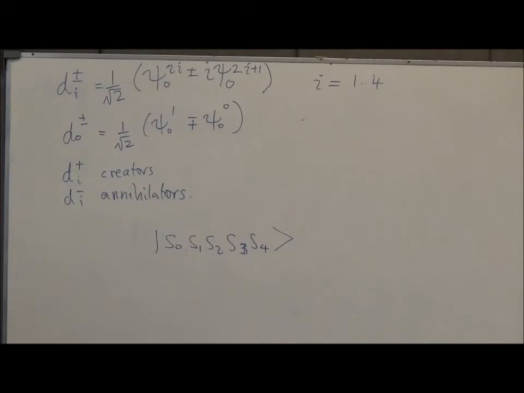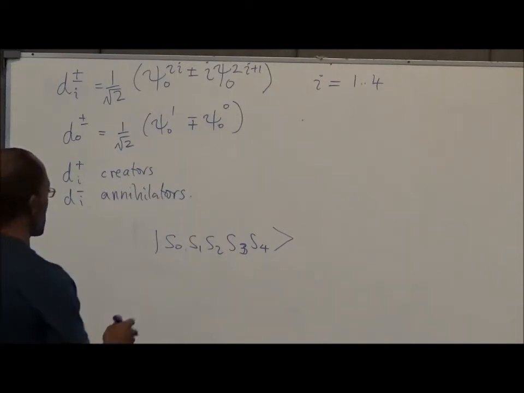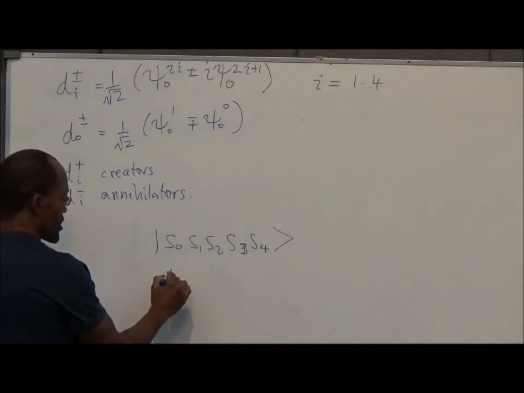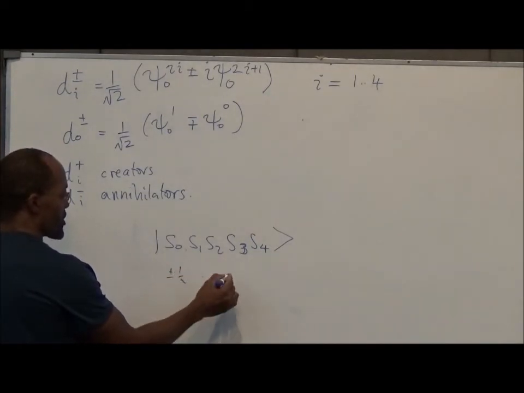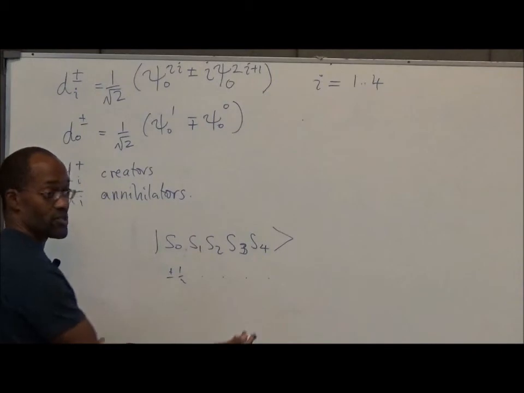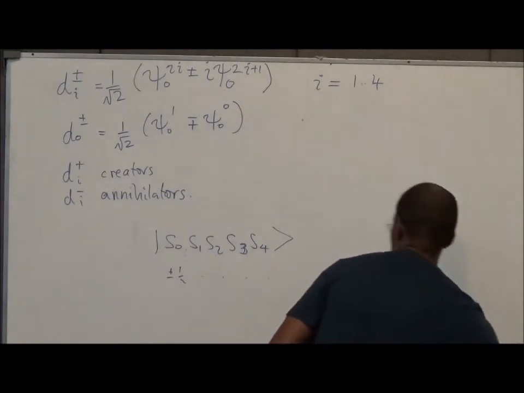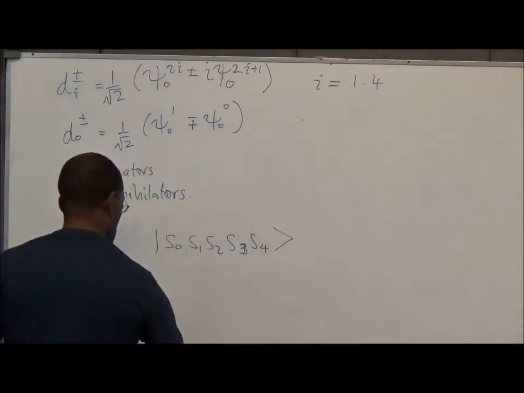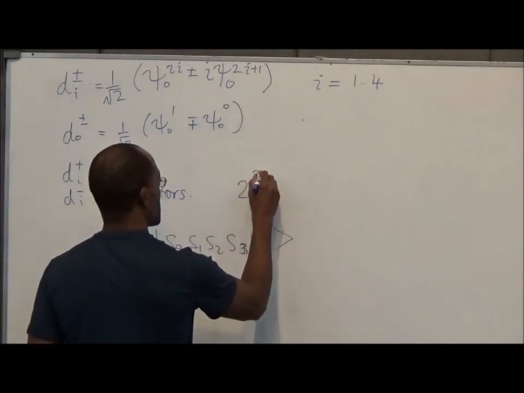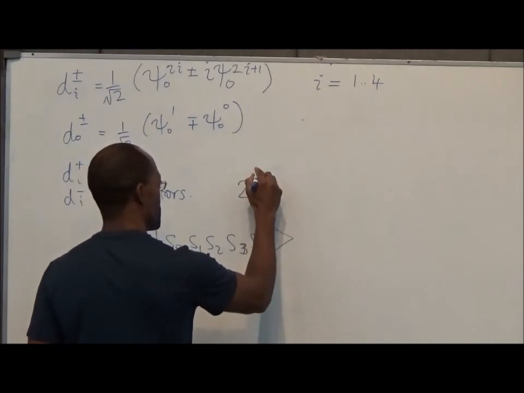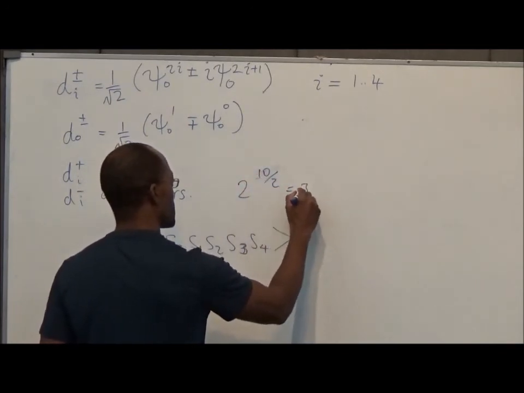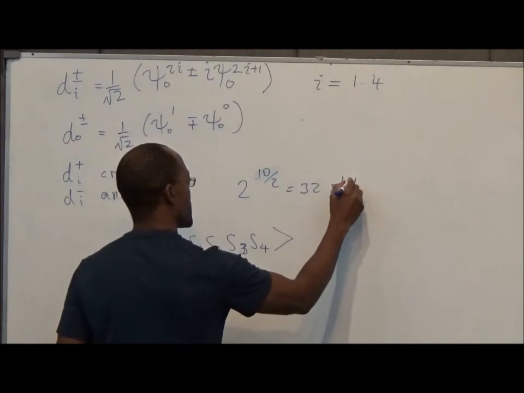Right now, talking about the spin, which is what we're interested in. So this is either plus or minus a half, plus or minus a half, plus or minus a half, plus or minus a half. There's my 32 different possibilities. So 2 to the 10 over 2 equals 32 states.